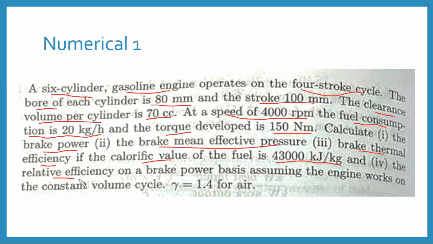We also need the relative efficiency on brake power basis, assuming the engine works on a constant volume cycle where gamma is 1.4 for air.